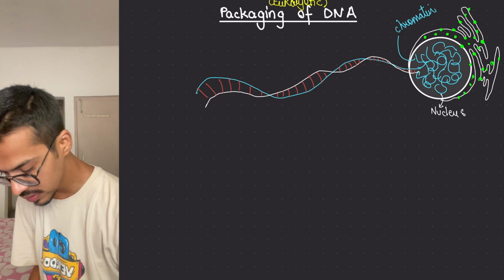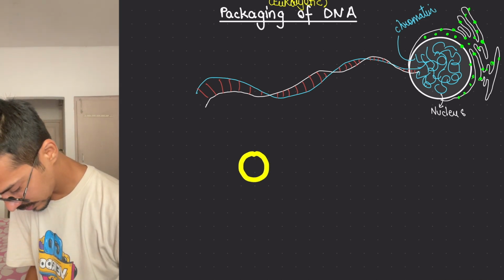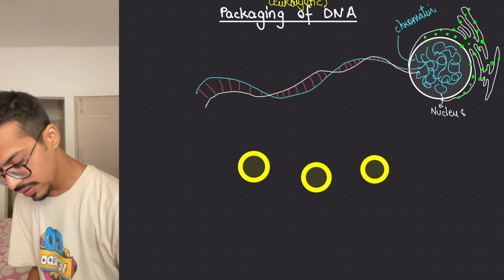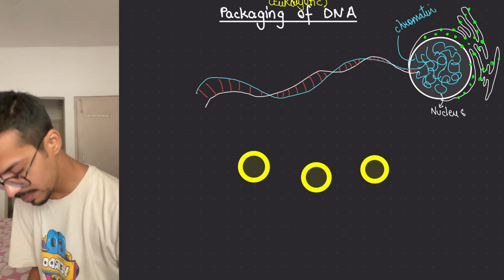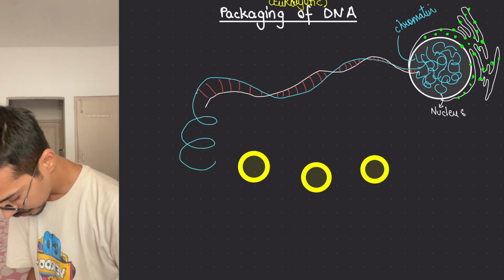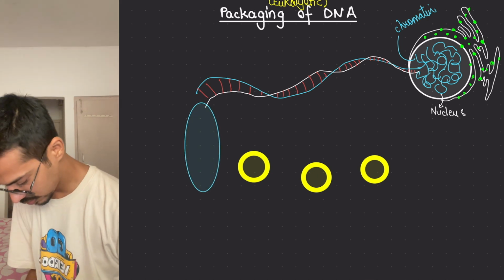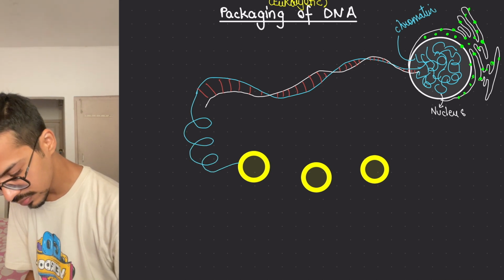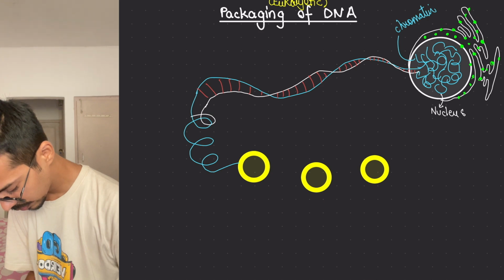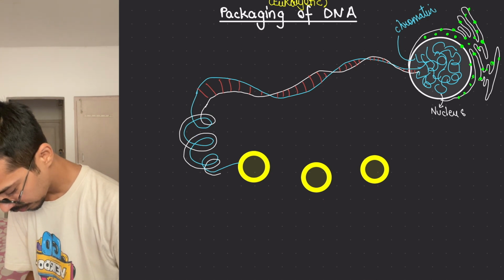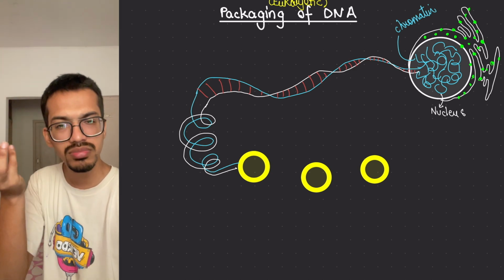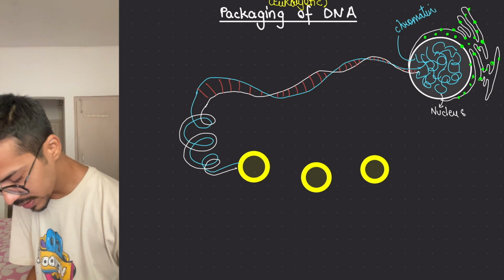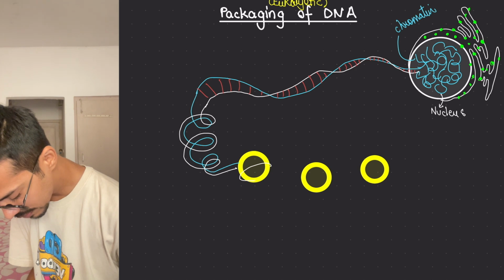These are the histone proteins, and this is our DNA. The DNA coils around it.